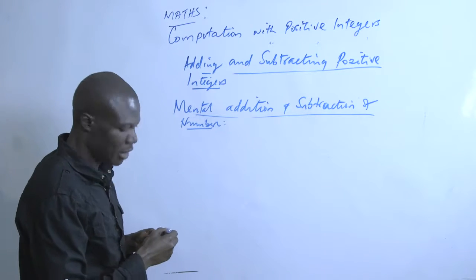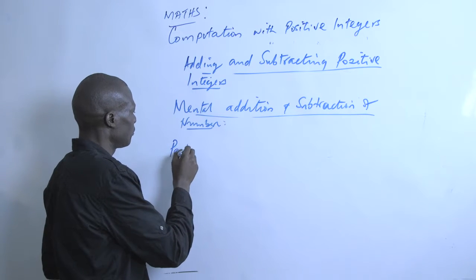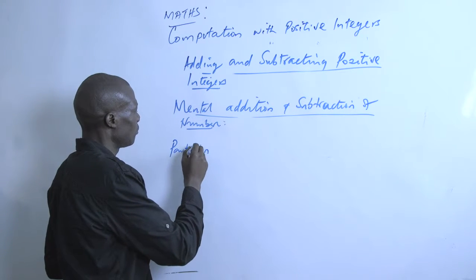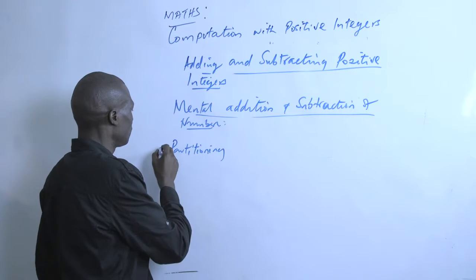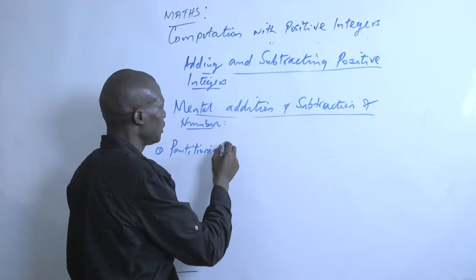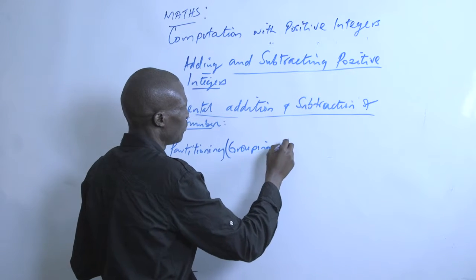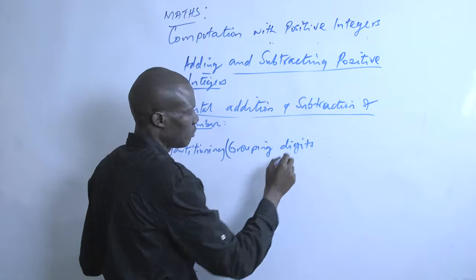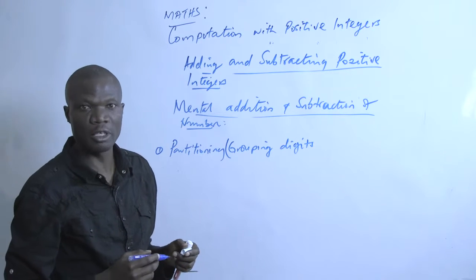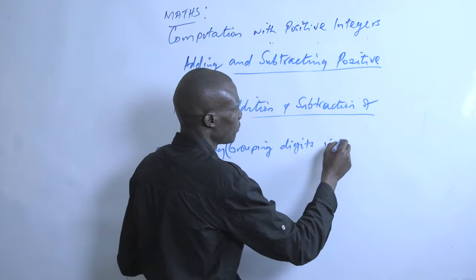The first one is what we call partitioning, or we also call it grouping digits in the same position.